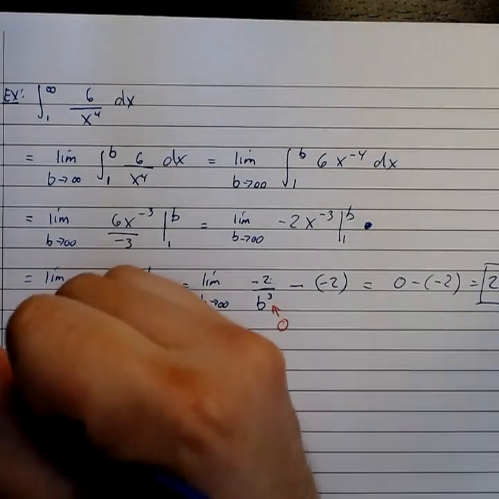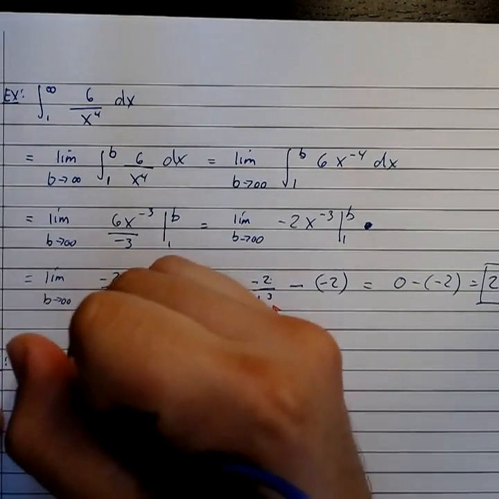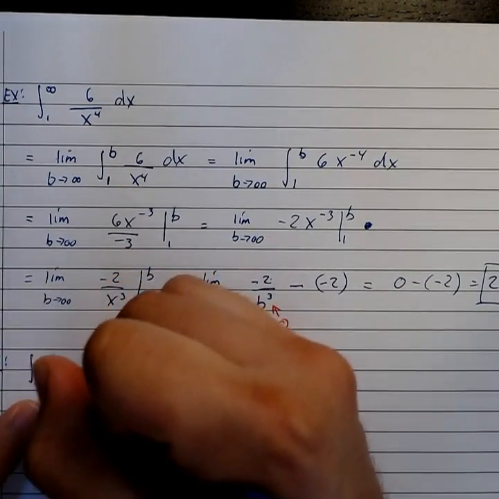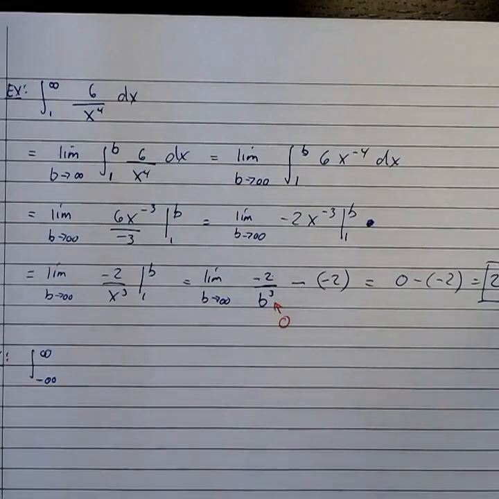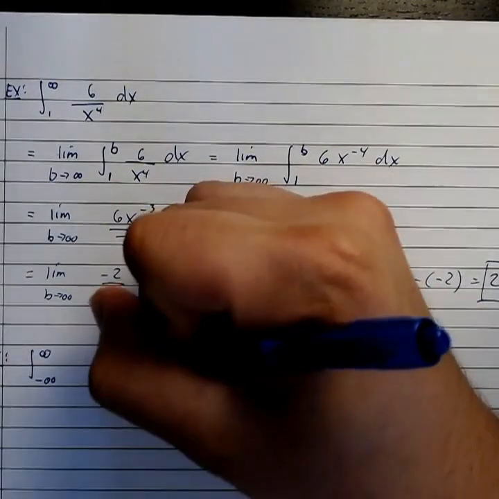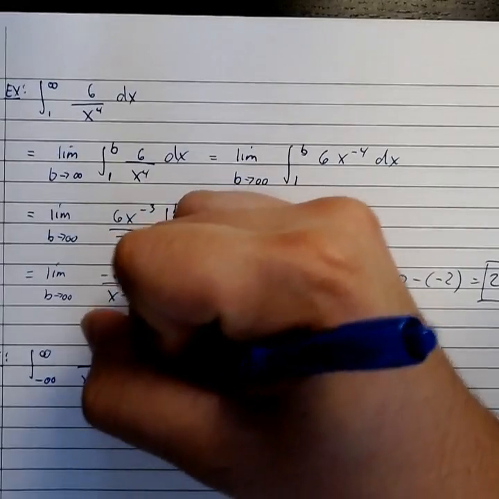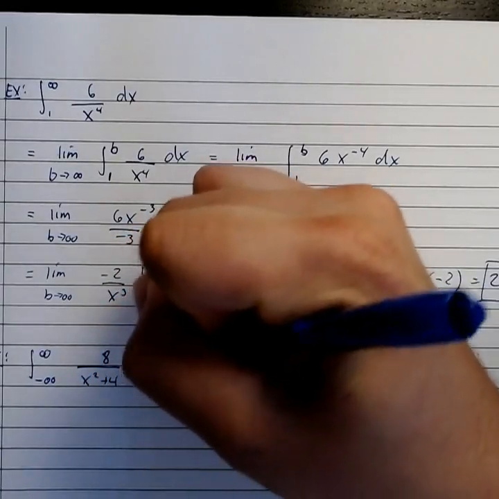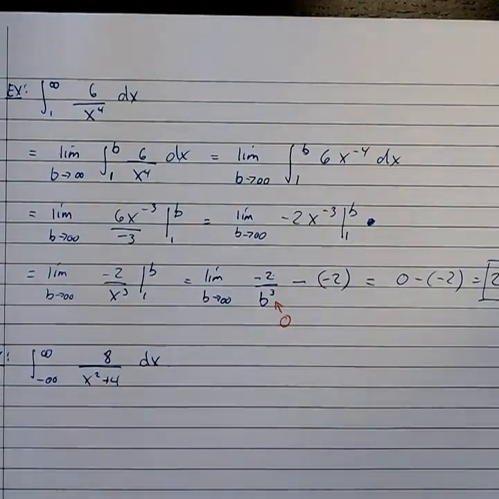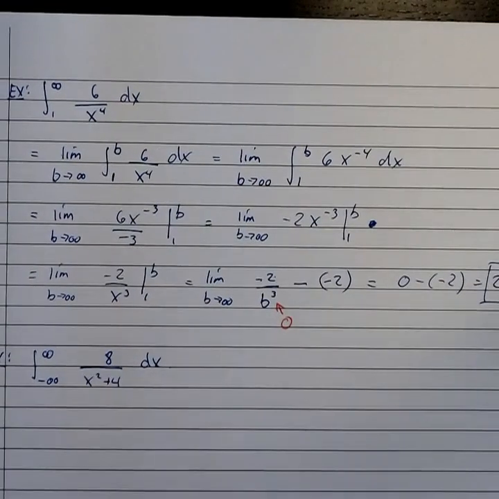Let's consider another example. Let's say we want the integral, and now let's make it from minus infinity to infinity of 8 over x squared plus 4 dx. This type of function, by the way, has a special place in mathematics.